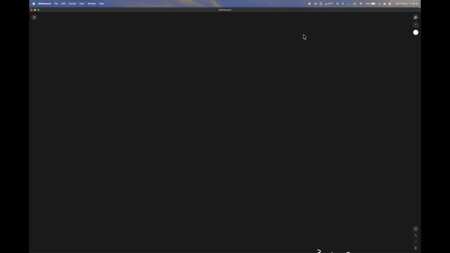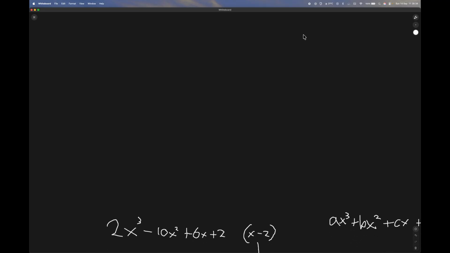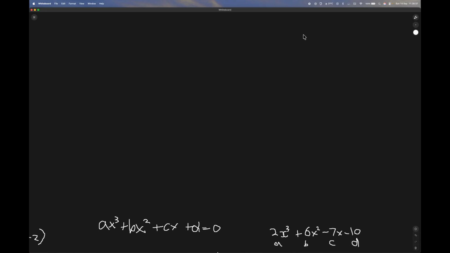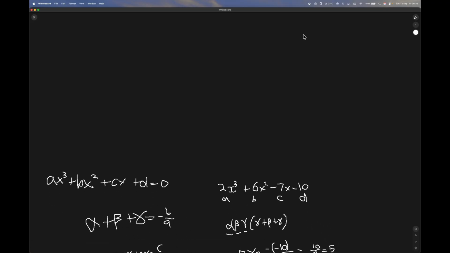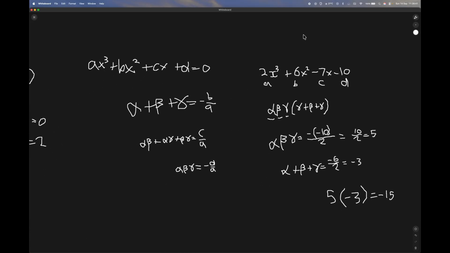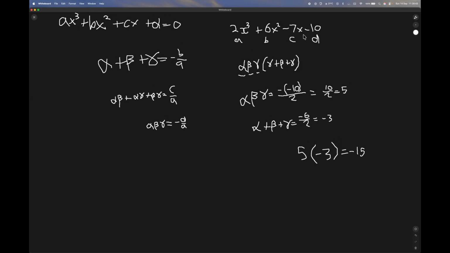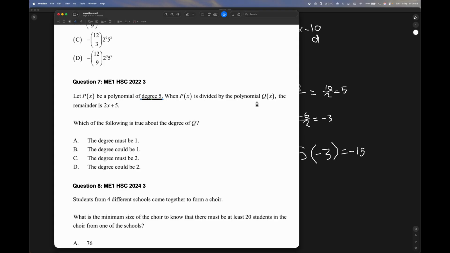When P of x is divided by the polynomial Q of x, the remainder is 2x plus 5. Which of the following is true about the degree of Q?